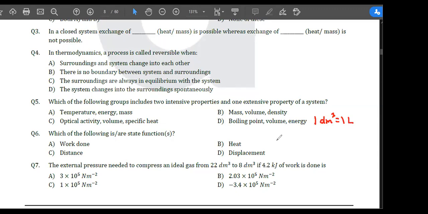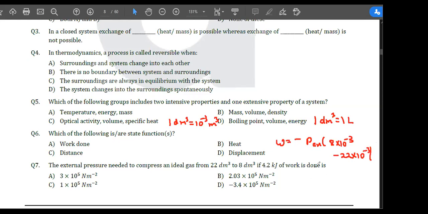Now, work done is given by minus P external delta V. Now delta V: final is 8, so 8 into, and we know that 1 dm³ is equal to 10 to the power minus 3 meter cube. So 8 into 10 to the power minus 3 minus 22 into 10 to the power minus 3.